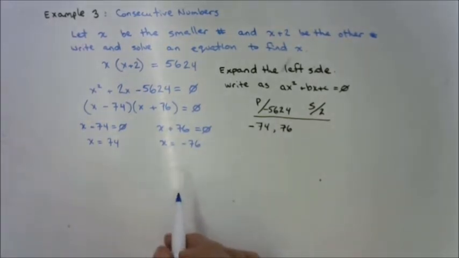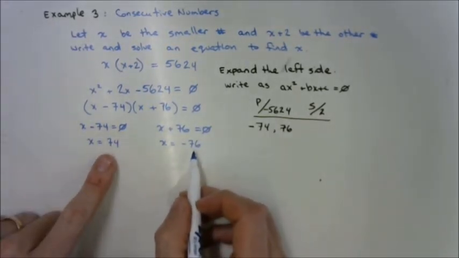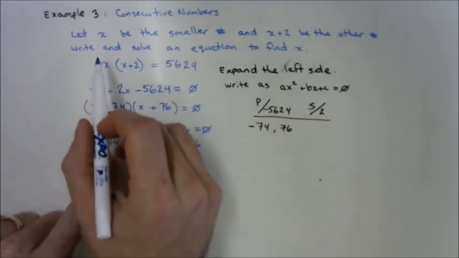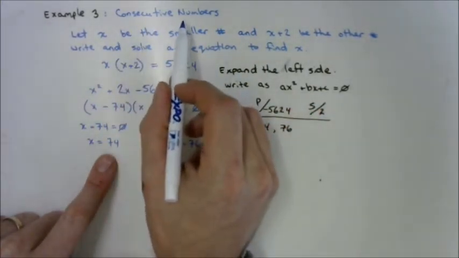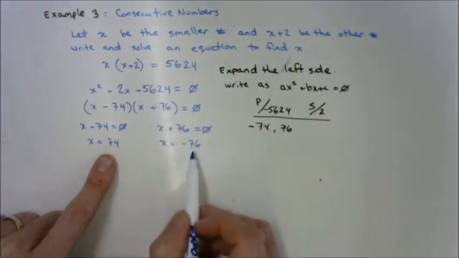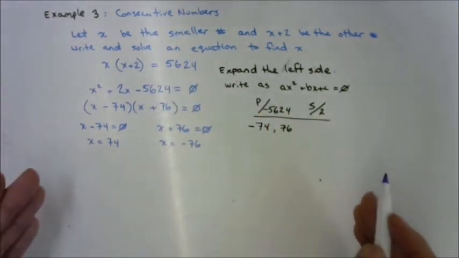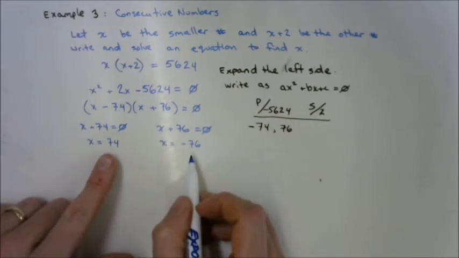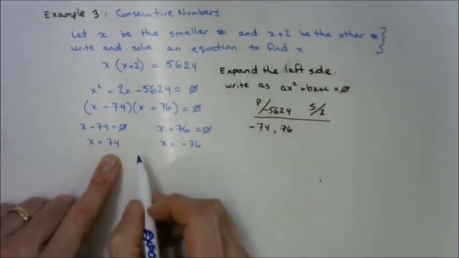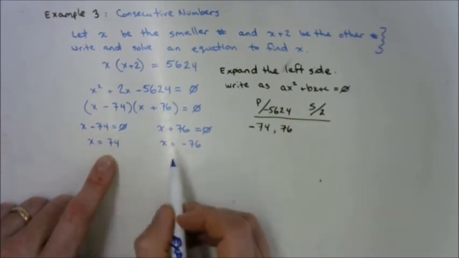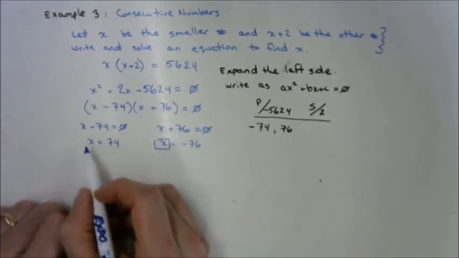Now, you're looking at these two numbers and you're saying, well, they're not actually two apart, are they? We needed consecutive even numbers. These guys are not consecutive. They're actually way on opposite ends. These don't actually go together to solve the problem. They are two different possible solutions just for x.